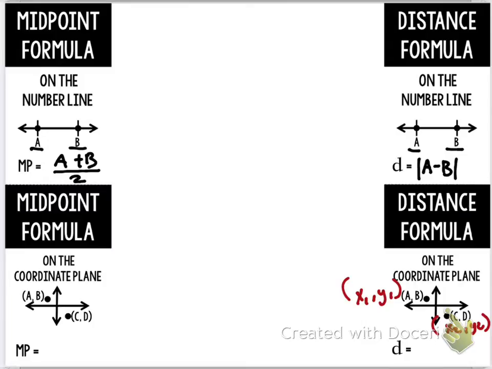The distance will be the square root of x2 minus x1 squared plus y2 minus y1 squared.